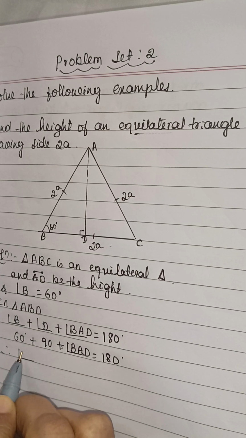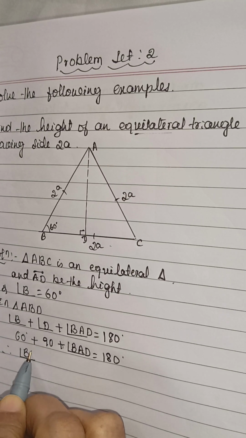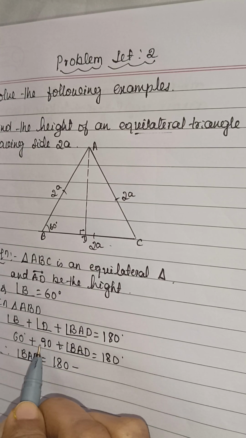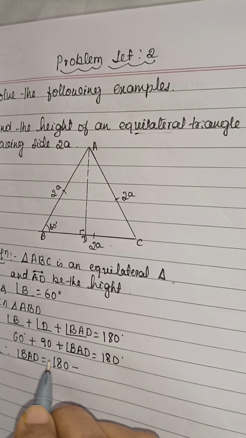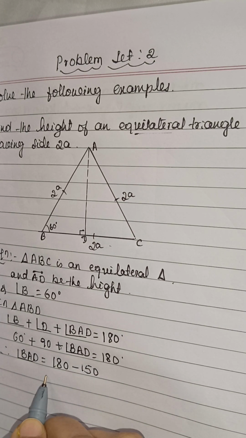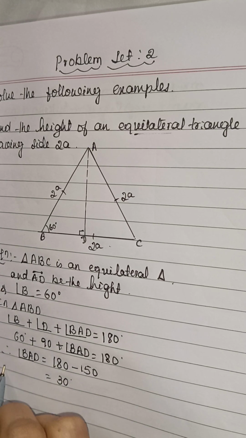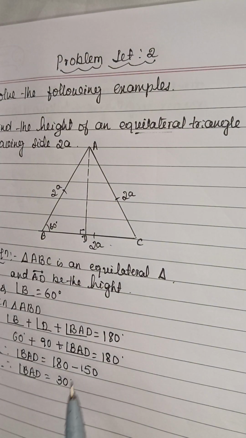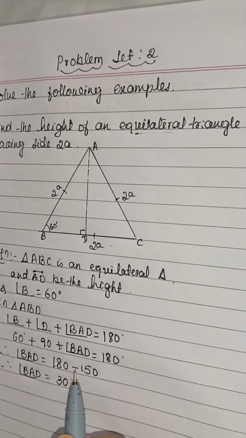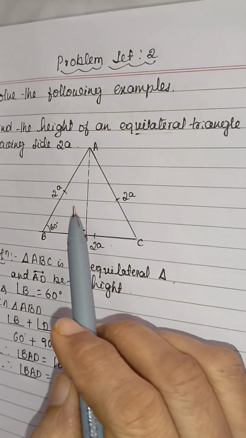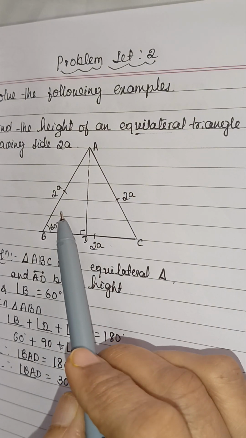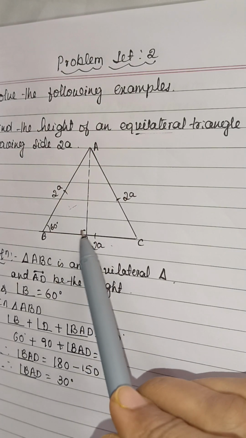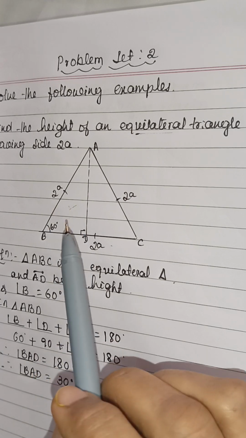Therefore angle BAD is 180 minus 150, that is 30 degrees. So this triangle is a 30-60-90 degree triangle, which is a property of a right angle triangle.